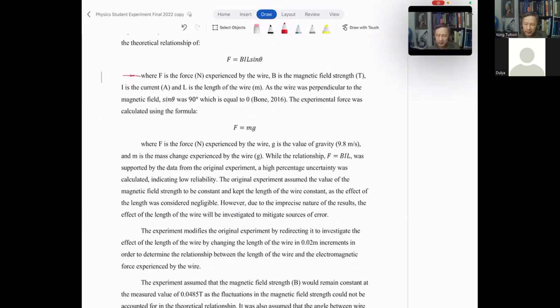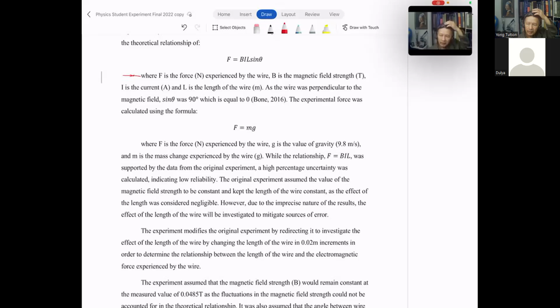Well, the relationship F equals BIL was supported by the data from the original experiment. A high percentage uncertainty was calculated, indicating low reliability. So you found this error before in your previous experiment, right? That was percentage uncertainty, not percentage error. Are you talking about the original experiment?